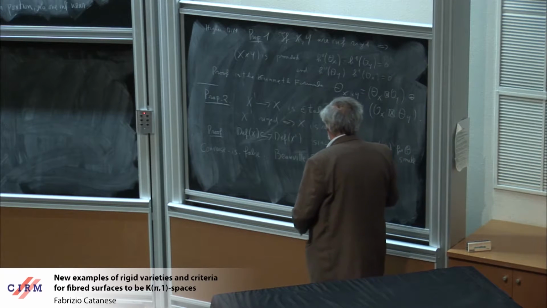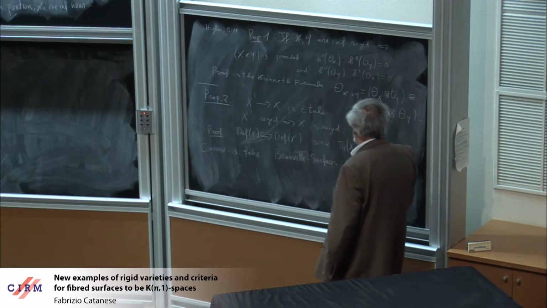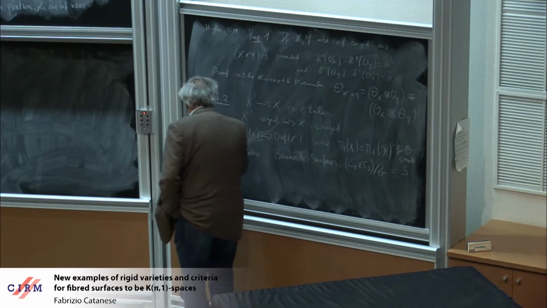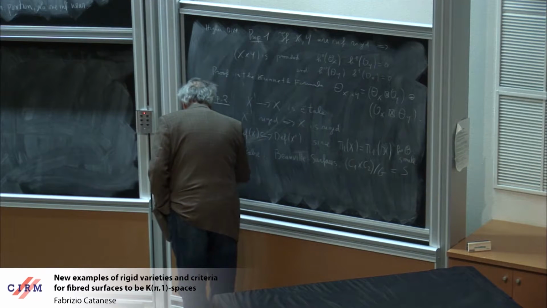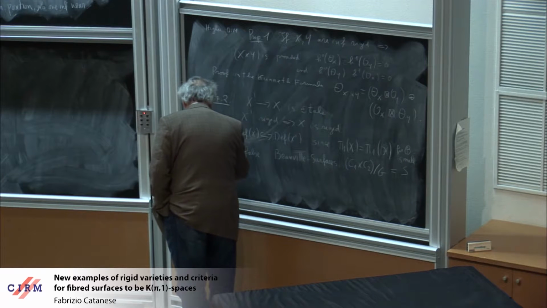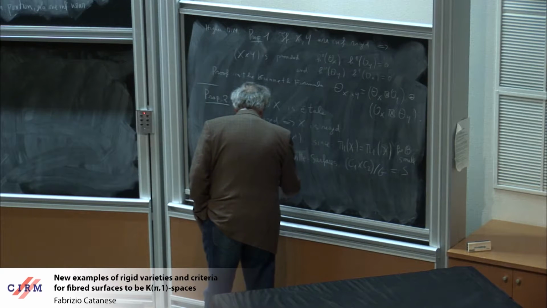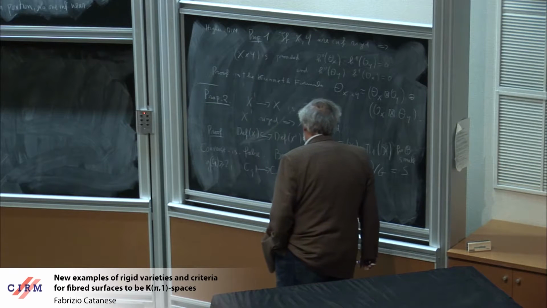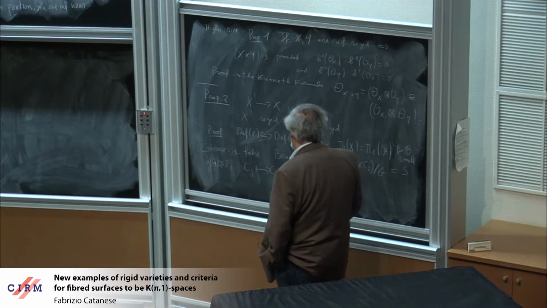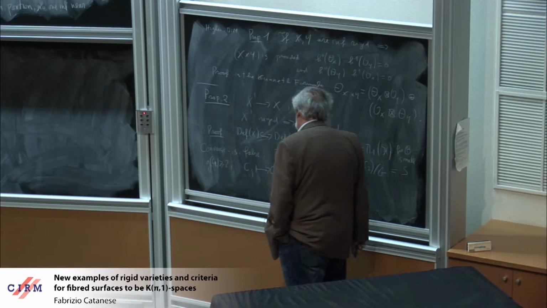So you have C1 times C2 divided by G, and you assume that the action is diagonal, and the genus of Ci is at least 2, and we want that this action makes Cj over G a triangle curve, so this is P1, and the covering is branched in 3 points.